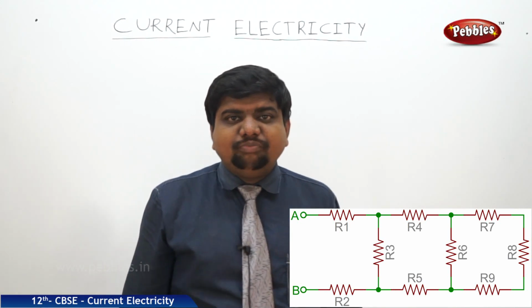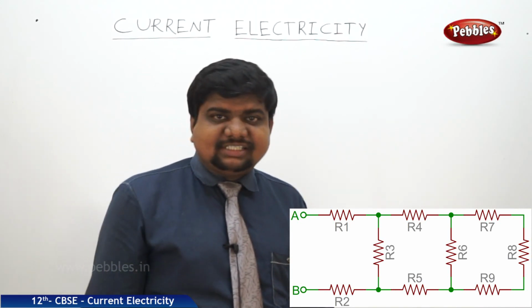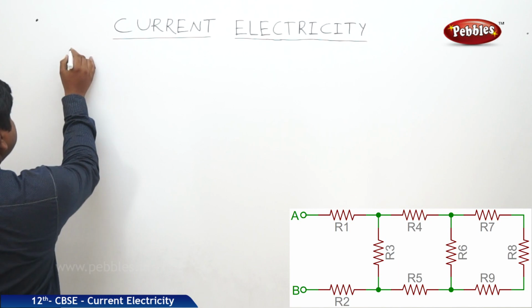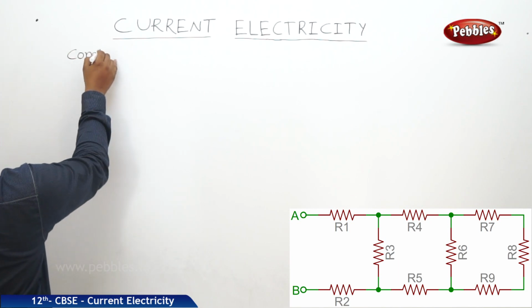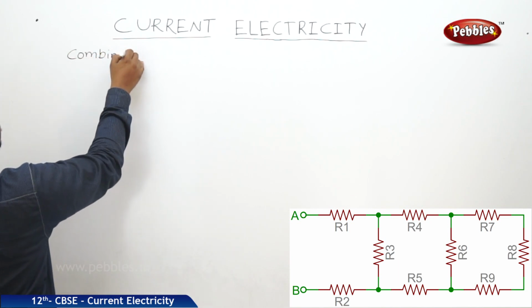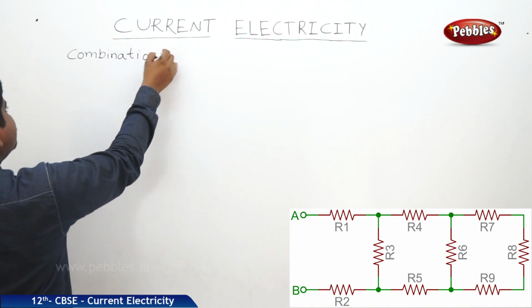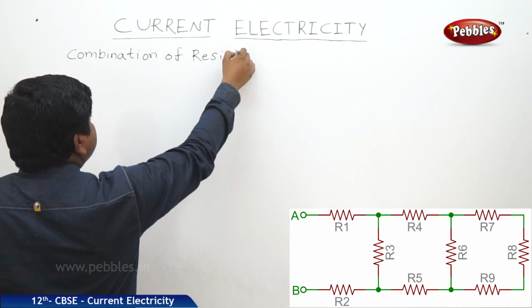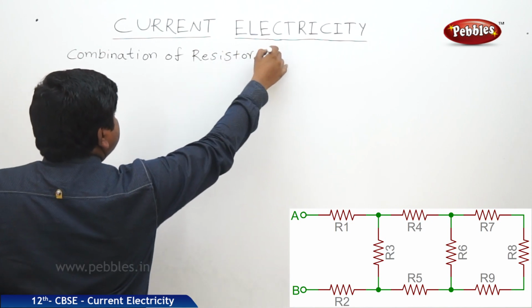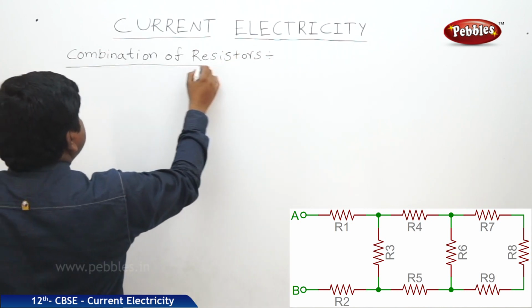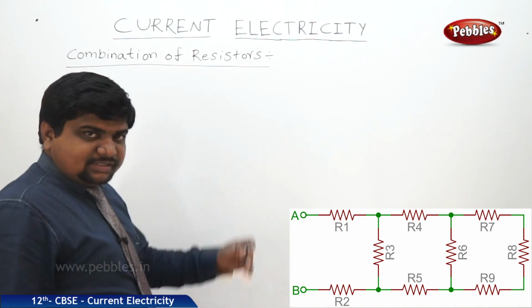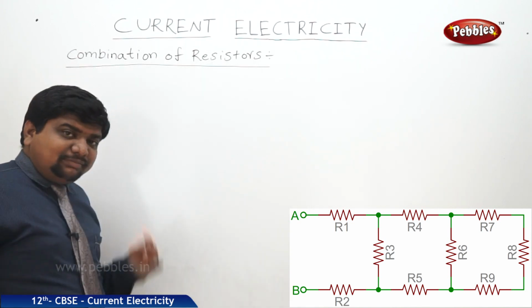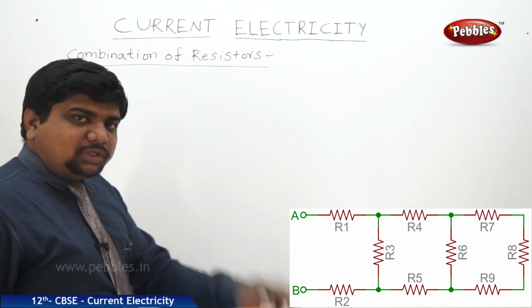Next we will see combination of resistors or grouping of resistors. Combination or grouping, same meaning. Resistors can be combined or grouped by two types.